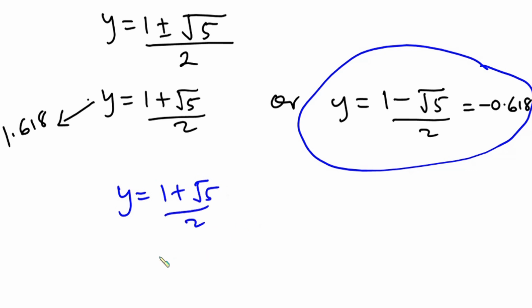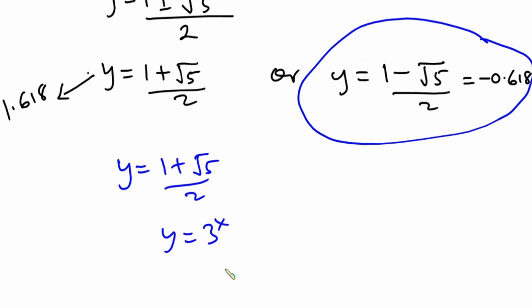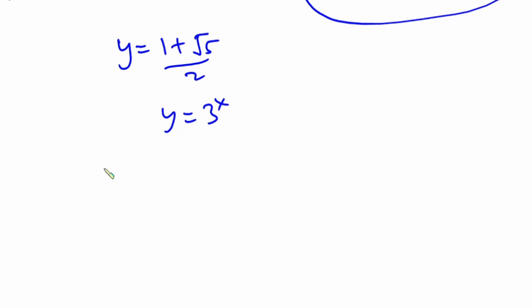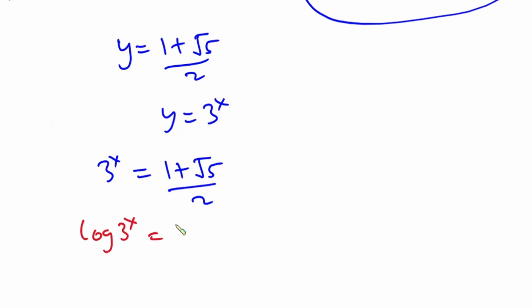But we said that y is equal to 3 to the power x. So now we have 3 to the power x is equal to 1 plus square root of 5 on 2. Now let's take log on both sides. So we have the log of 3 to the power x is equal to the log of 1 plus square root of 5 divided by 2.